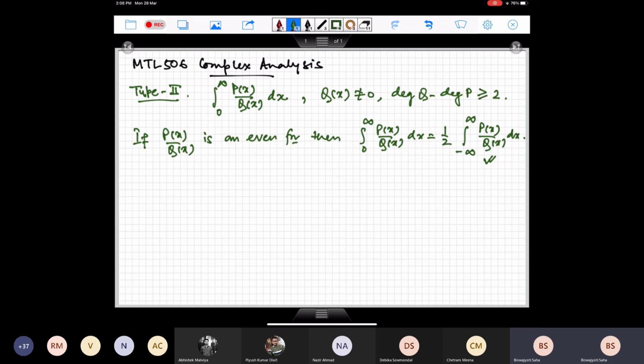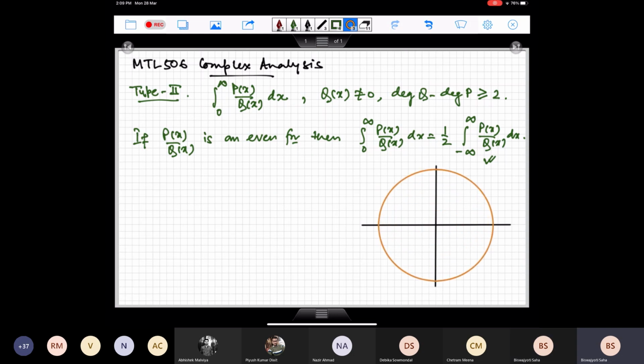So let's do it. Let me draw the contour. Here, first of all, I'm going to have a bigger circle, and then I'm going to have another circle.